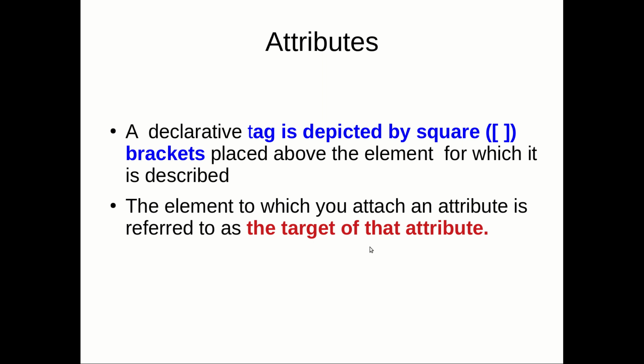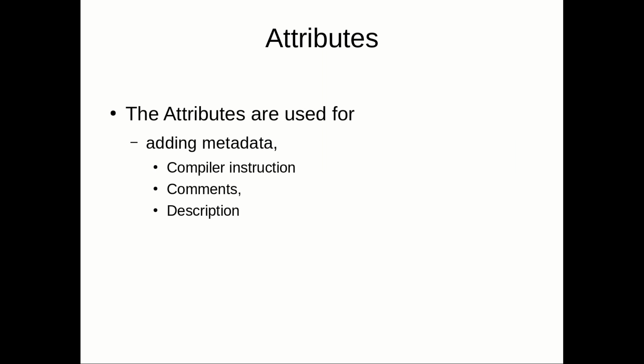So the target is nothing but an element to which you are attaching an attribute. So you are going to attach an attribute to a particular element of your program. This element is what you call the target of the attribute.